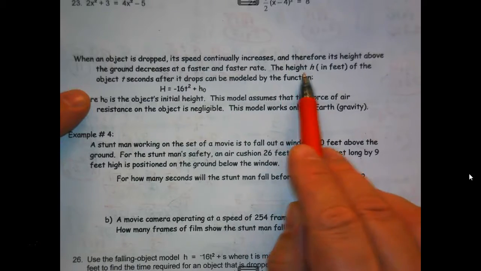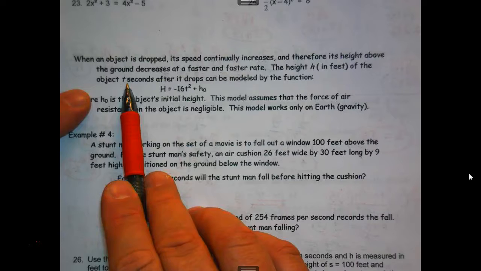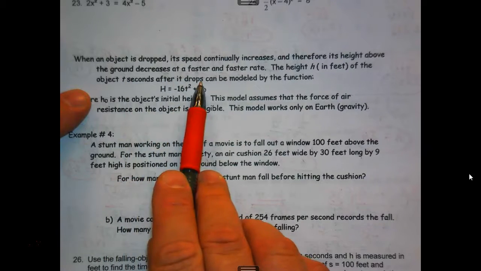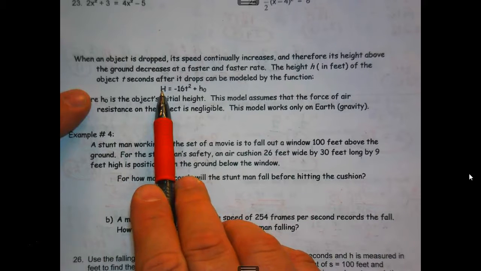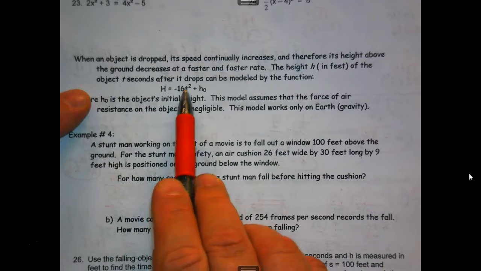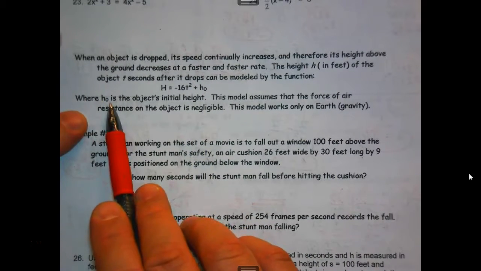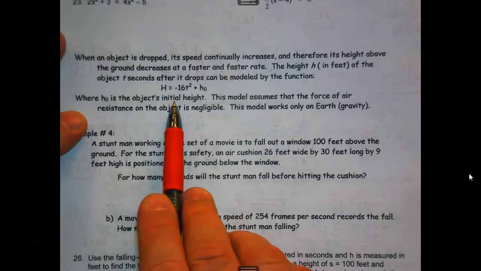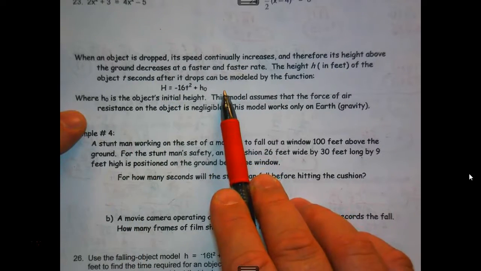The height in feet of the object each second after it drops can be modeled by the function capital H equals negative 16 t squared plus h of 0, or h naught. This is our initial height, where h of 0 is the object's height.